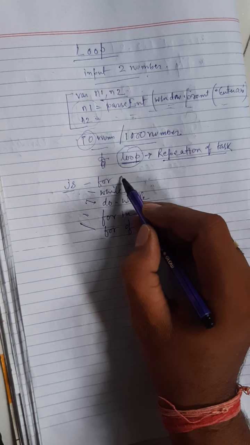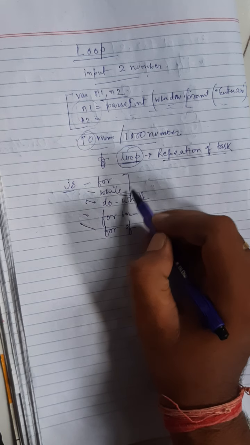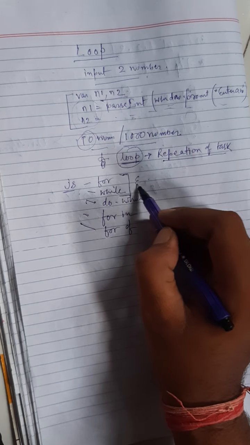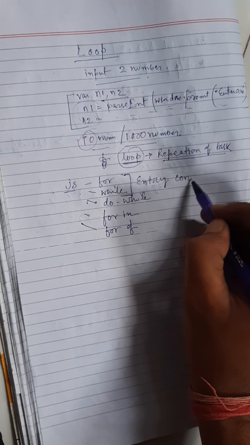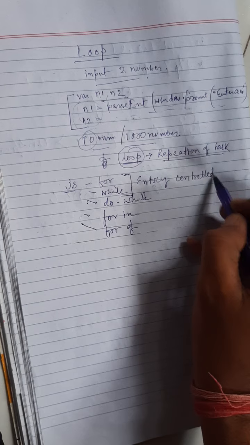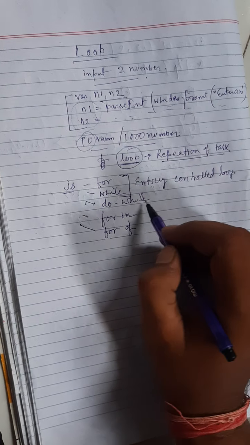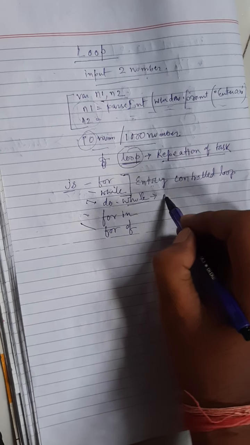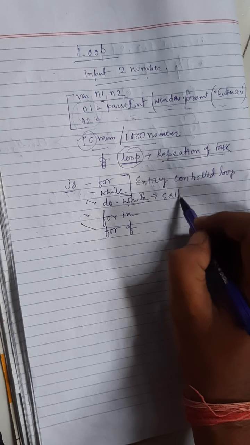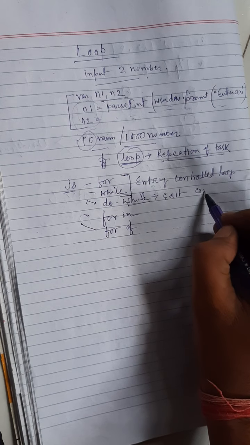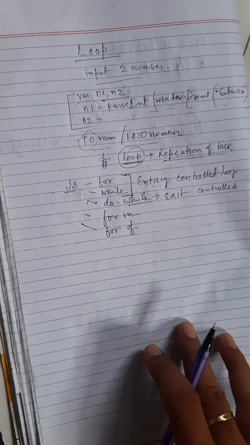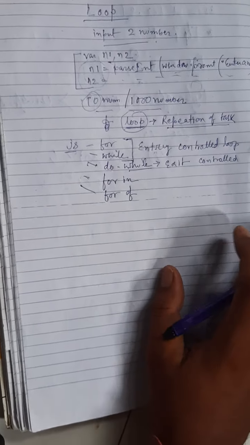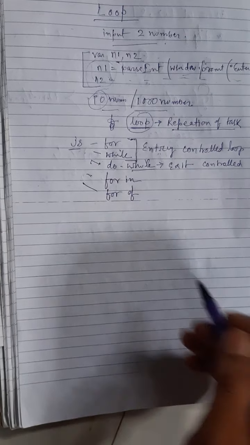Out of that, for and while can be categorized as entry controlled loops, whereas do while is categorized as an exit controlled loop. Our discussion will start with the for loop, and one by one we'll cover all these types of loops.